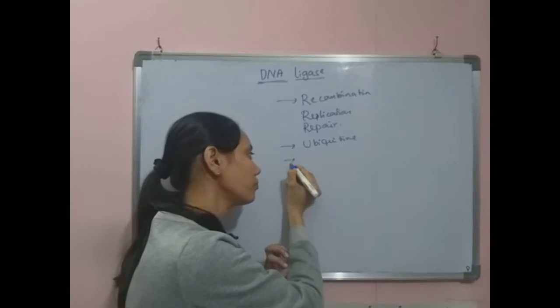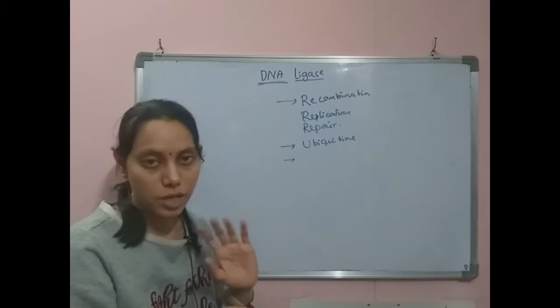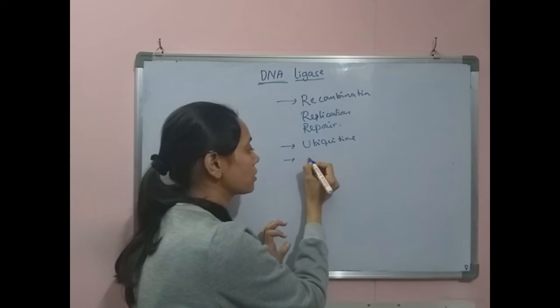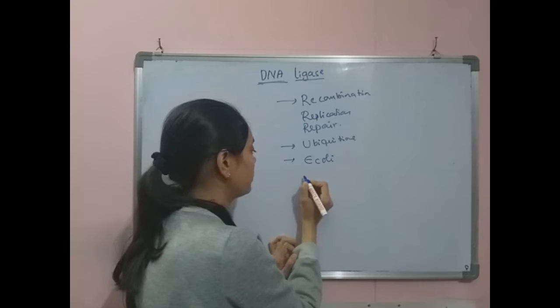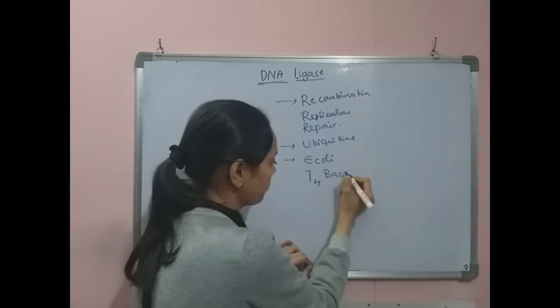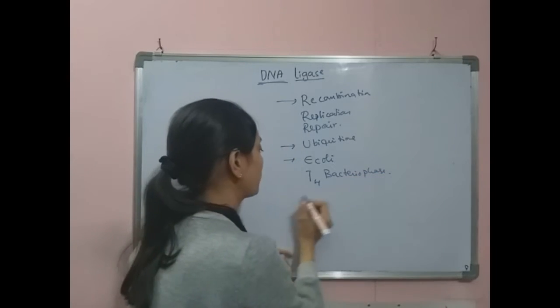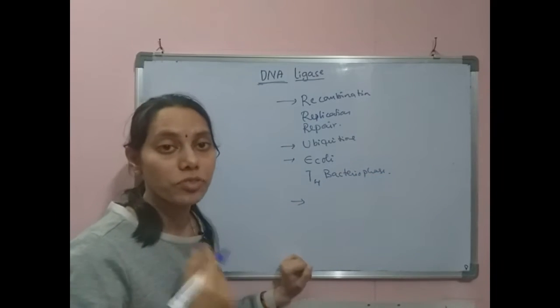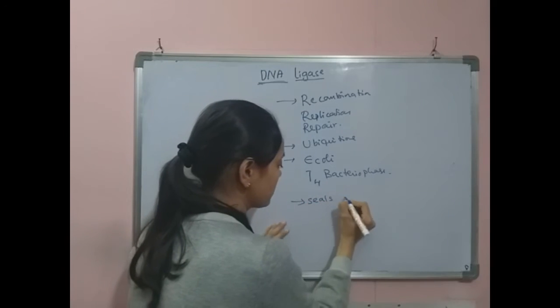There are two versions of it: one is the E. coli type and the other is the T4 bacteriophage type. The major function of this enzyme is to seal the gaps.